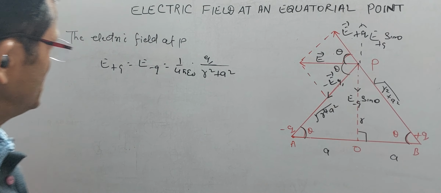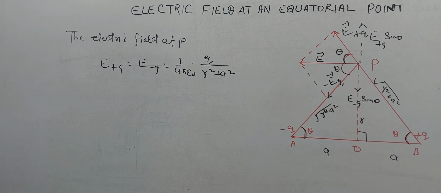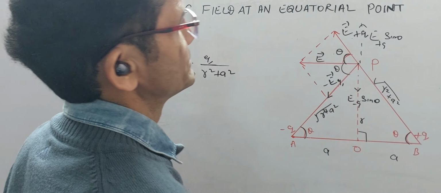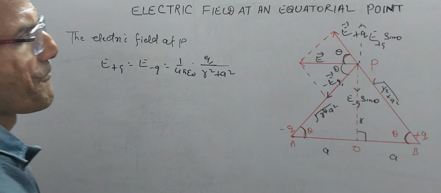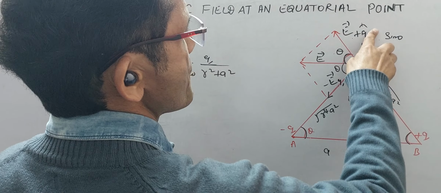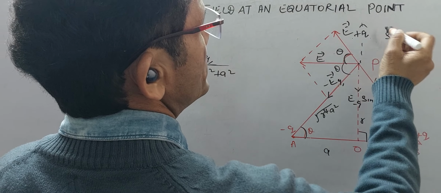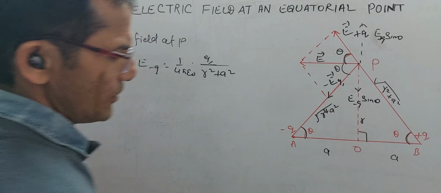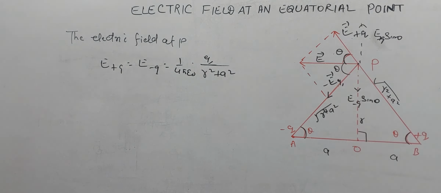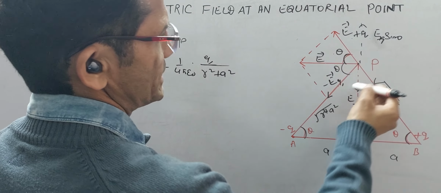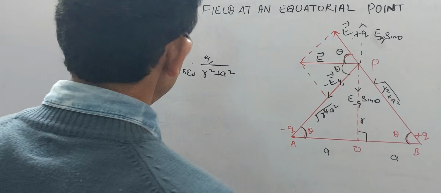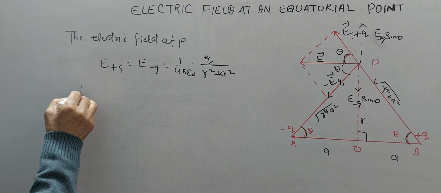Since both have the same value, this will be cancelled by this. Only the components of this and this will be along this one, which is the resultant field.